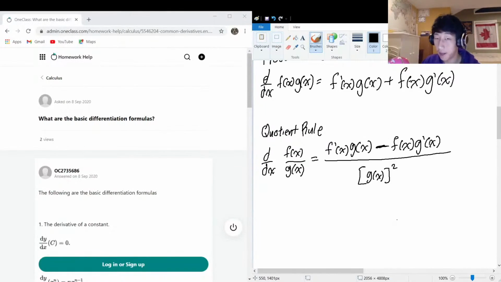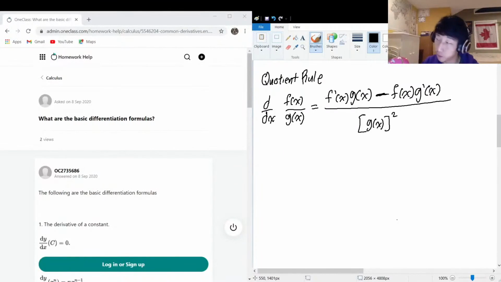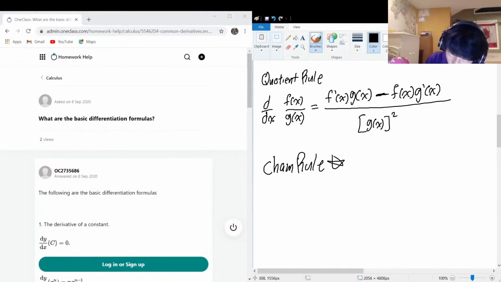And the last rule, that possibly is the most important rule, is the chain rule. Put a star because it's so important. You use the chain rule when you have one function that takes another function as the parameter.